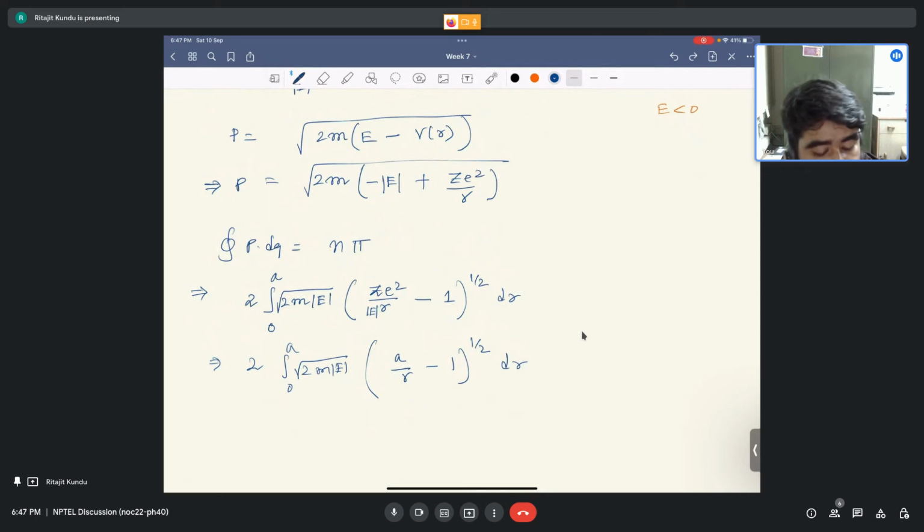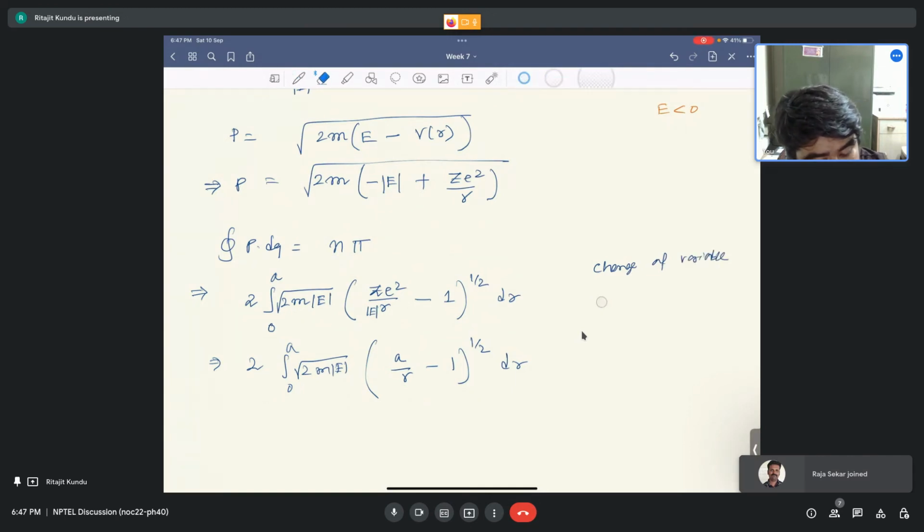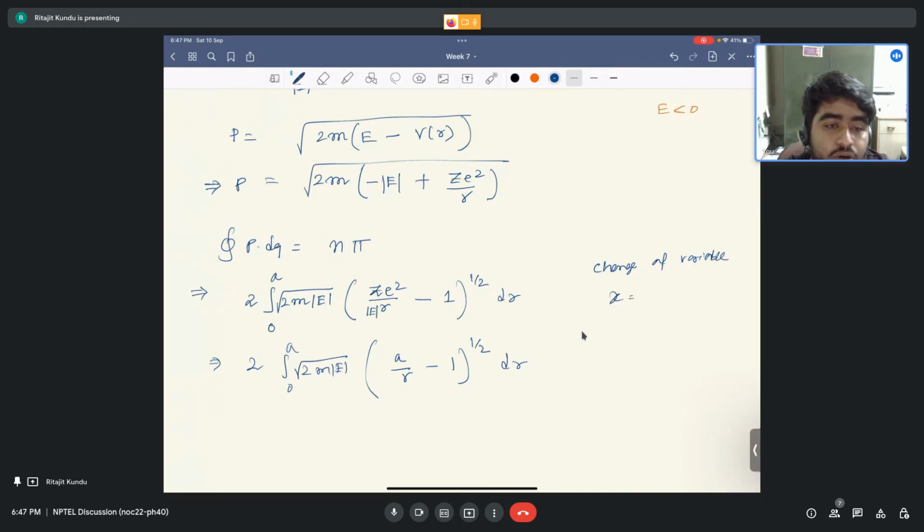Now let's do a change of variable. Let's introduce a new variable x, which is a rescaled version of the radius, r by a. So dx becomes dr by a, and the limits become quite simpler.